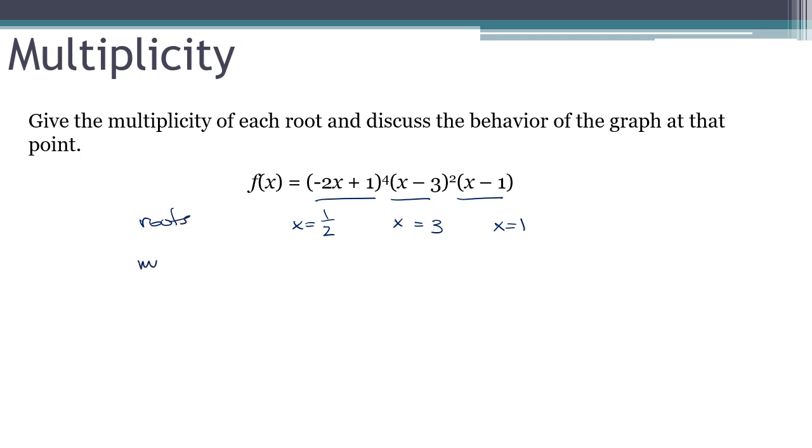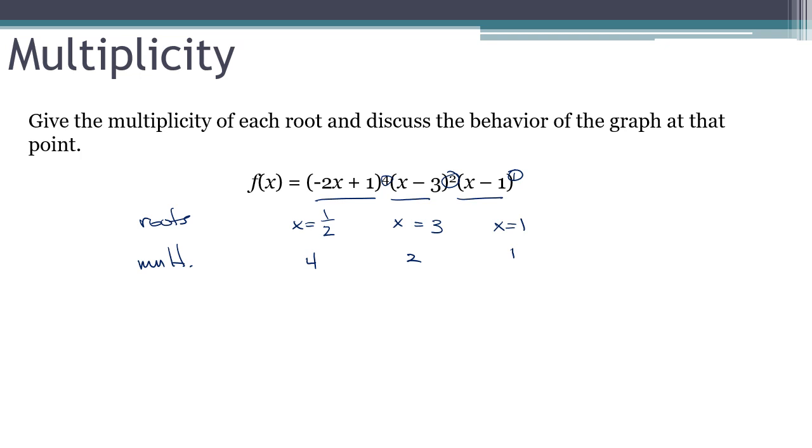All right, now the multiplicity of each of these roots is just based on the exponent. The multiplicity of 1/2 is 4. The multiplicity of 3 is 2. And the multiplicity of 1, even though we don't usually explicitly write it, is just 1.